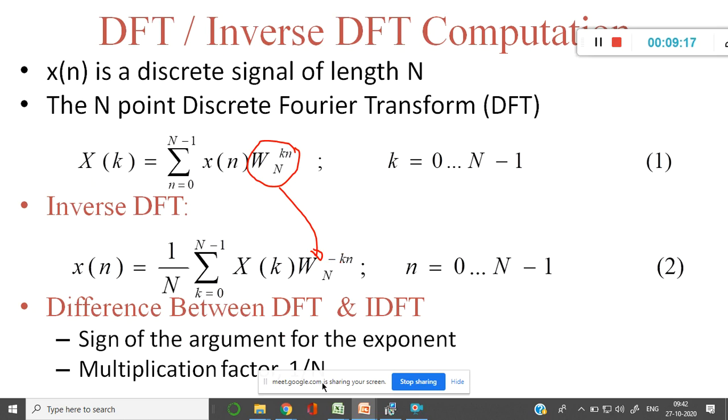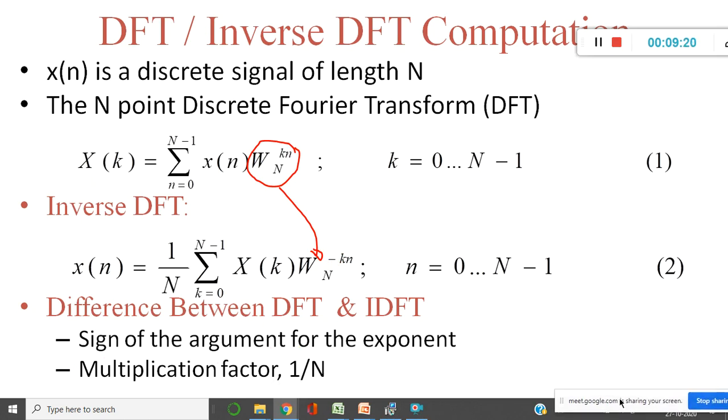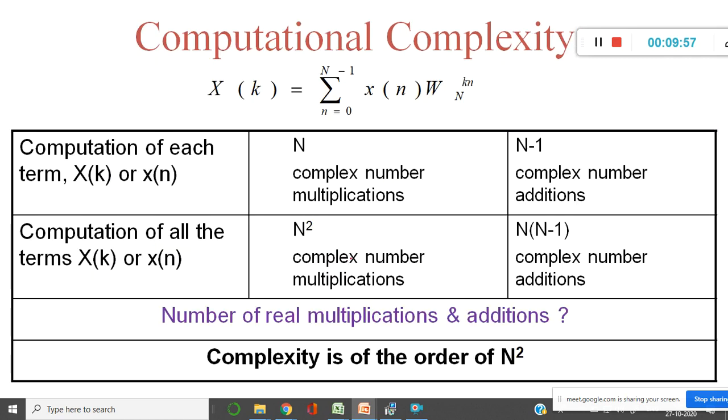So the sign of the argument for the exponent is changed here, and the multiplication factor: here there is no 1 by N, but there we divide the entire equation by N. This is the difference we see in the mathematical definitions of x of k and x of n, right? But conceptually, x of k moves from time domain to frequency domain, and x of n moves from frequency domain back to time domain. That is the conceptual explanation with respect to DFT and IDFT.